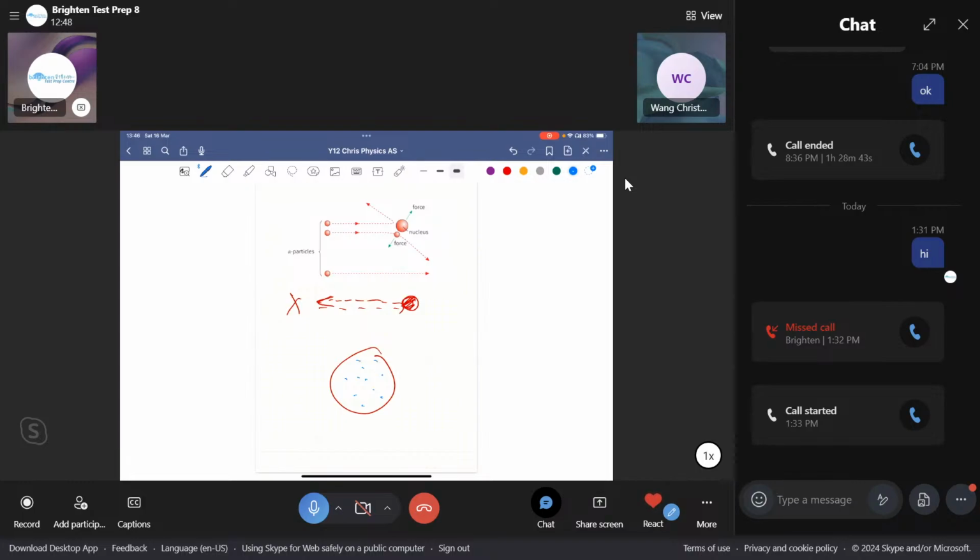Only the Rutherford experiment, the one we just talked about, this one is the Rutherford model, showed that no, it's not like that. Actually, it consists of many parts inside. So there's no dough with electrons.